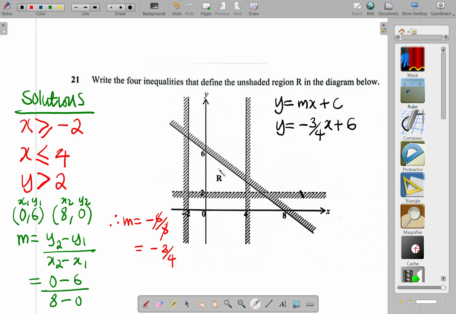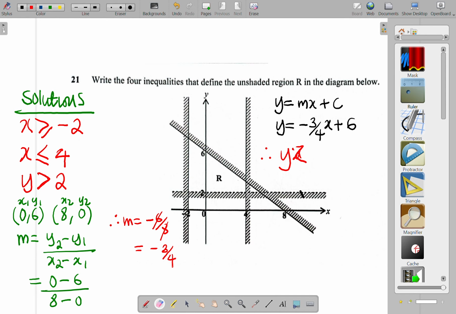Can you see that? It is here on the downside. So the required inequality is going to be y is less. Let me just write it nicely there so we are able to see it.